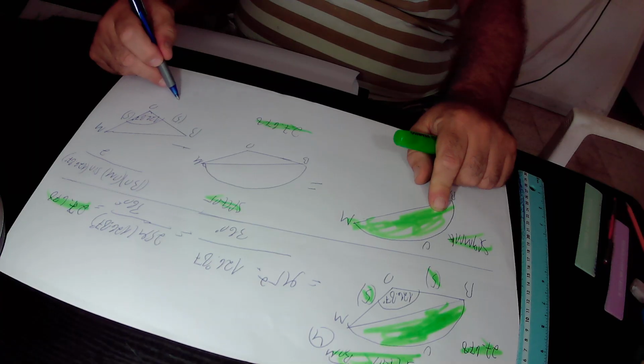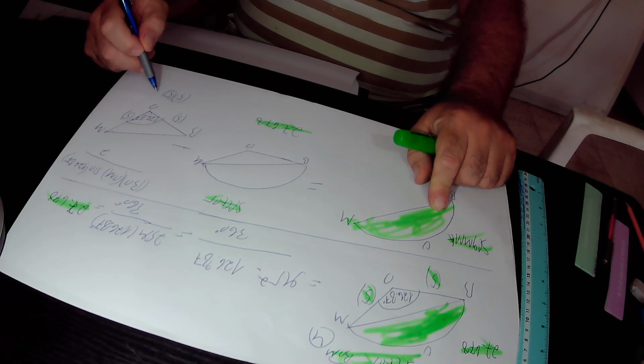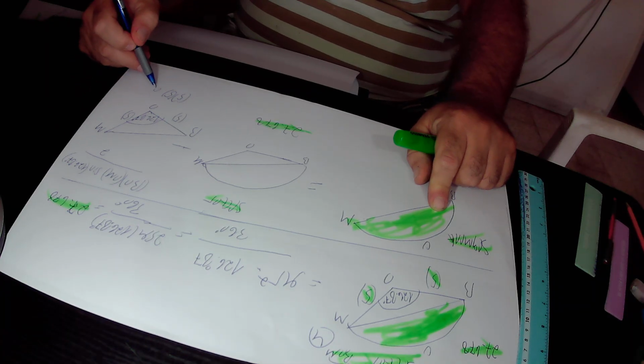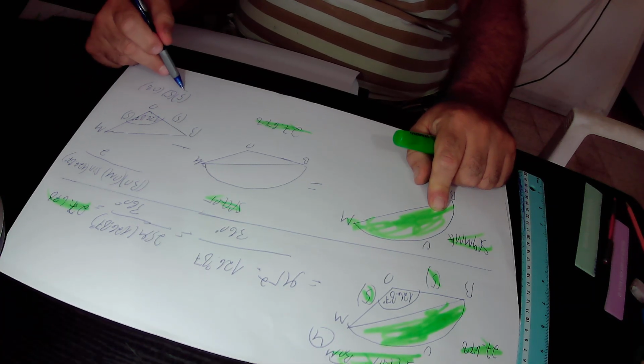BO is 5, OM is also 5, so it is 5 times 5 times sine 126.87 degrees, divided by 2. Sine 126.87 degrees is equal to 0.8.